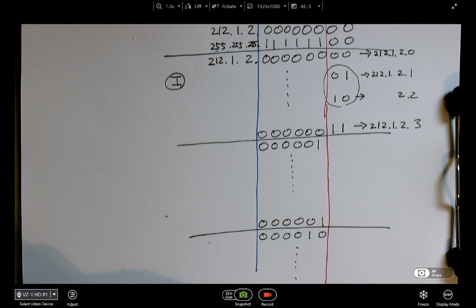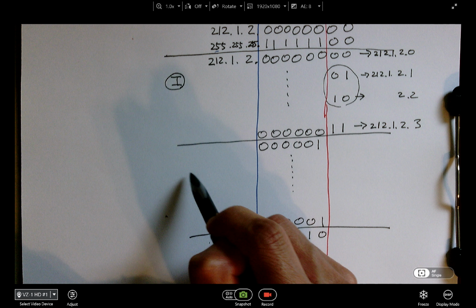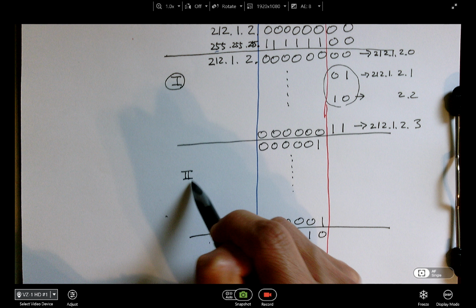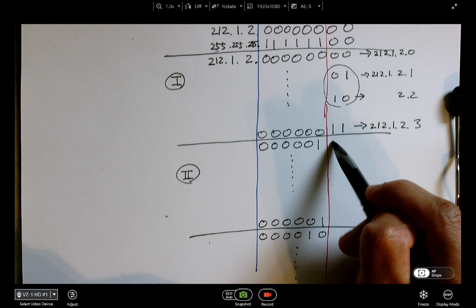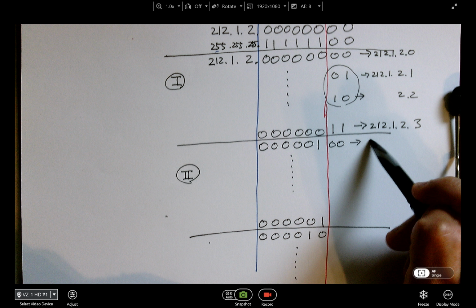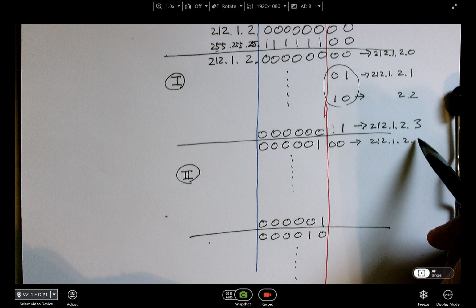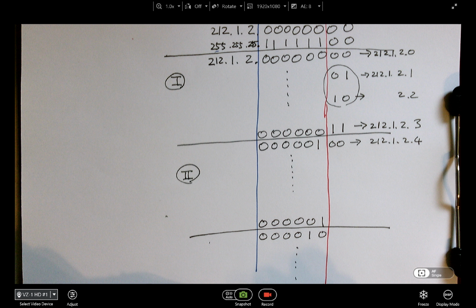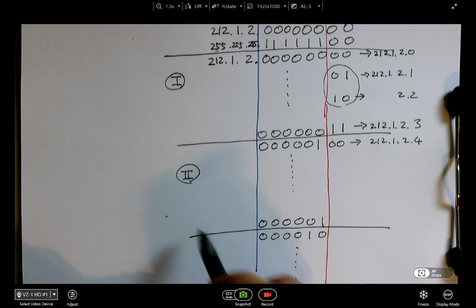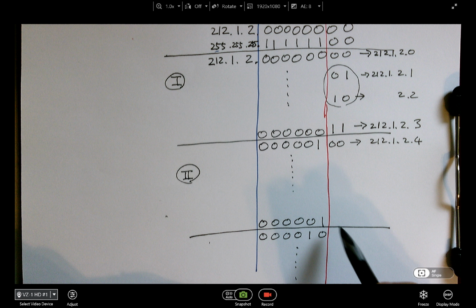And then the network address of the second subnet is 0, 1, right? Which is 212.1.2.4, right? And the broadcast address of the second subnet is 1, 1.